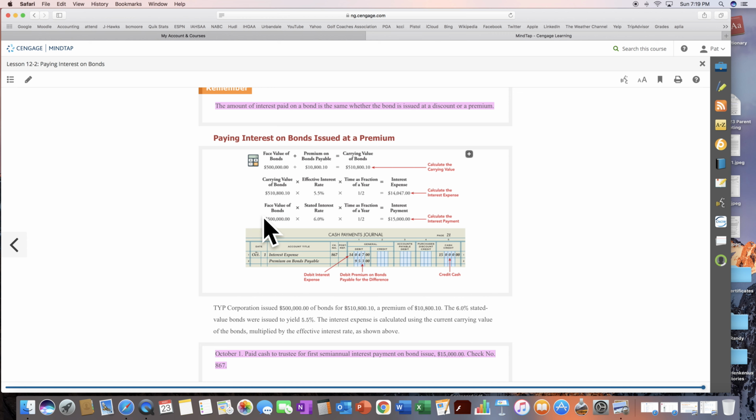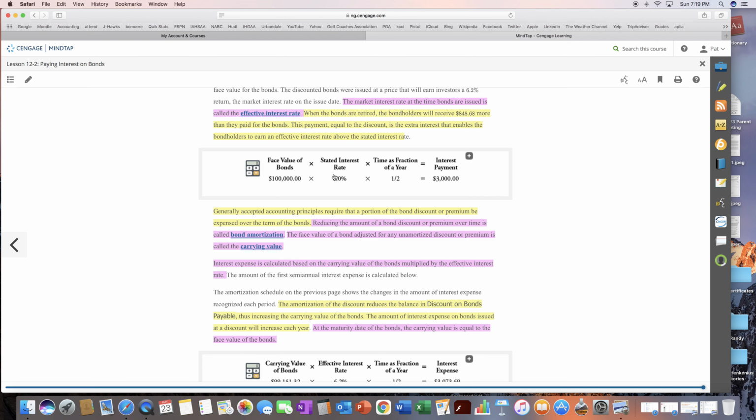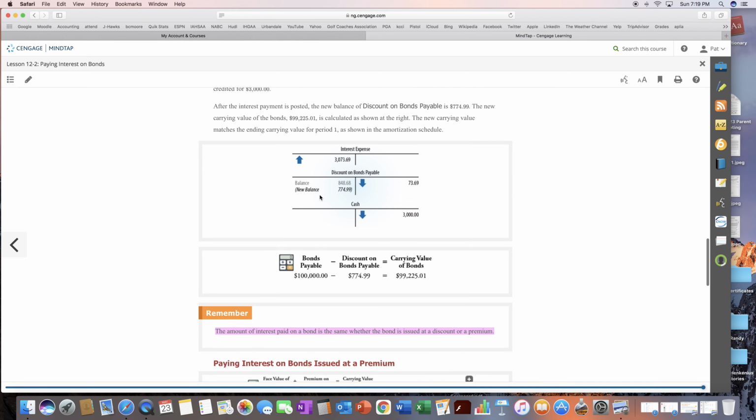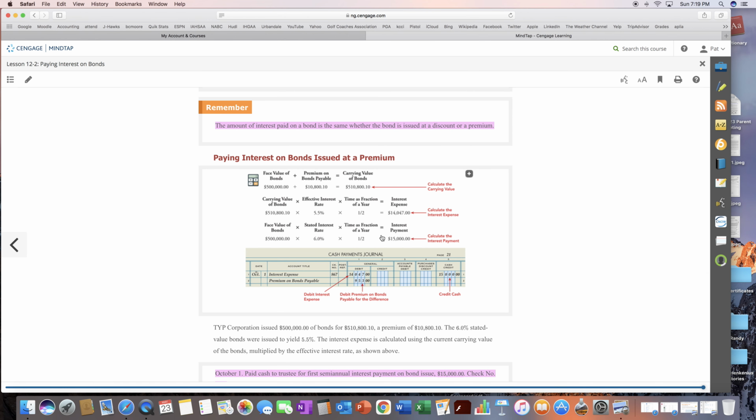And then with our payment, it's the same. We have the face value times the stated interest rate times the time. So even though it's a premium, when we did our expense, it's face value times stated interest rate times time. So that's why that doesn't change. Regardless of whether it's a discount or premium, it's going to be the same.